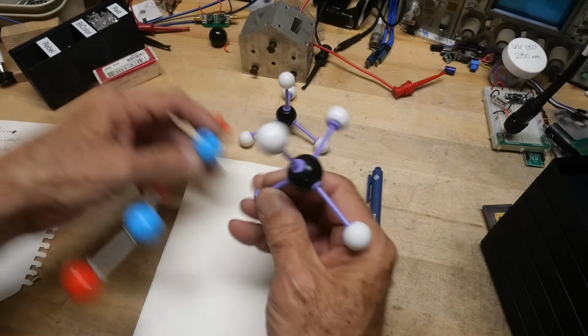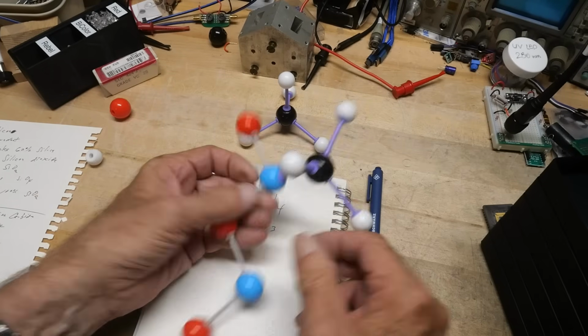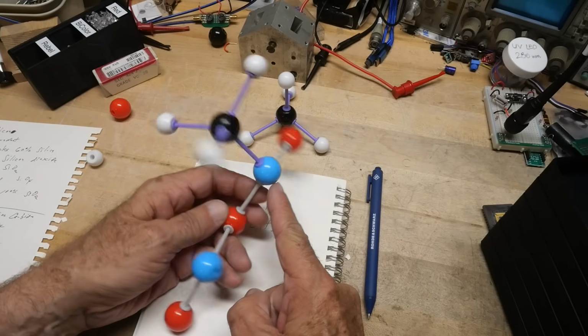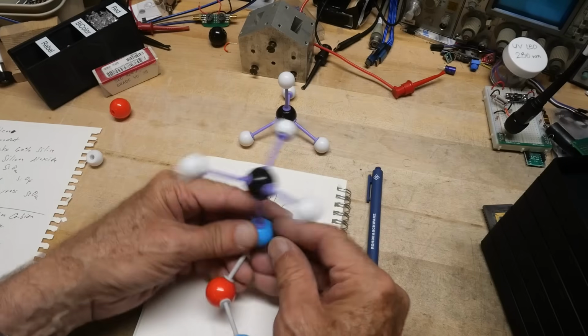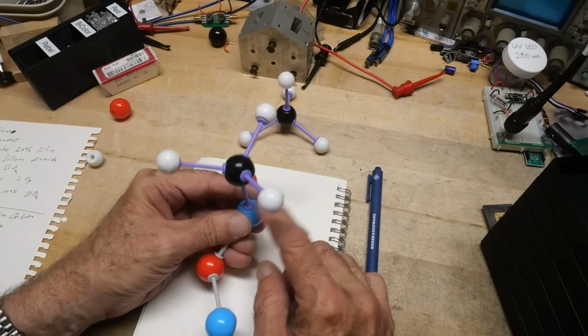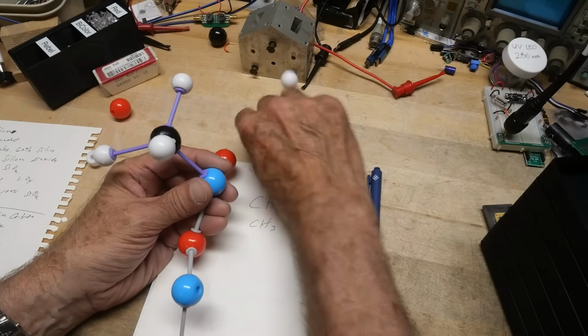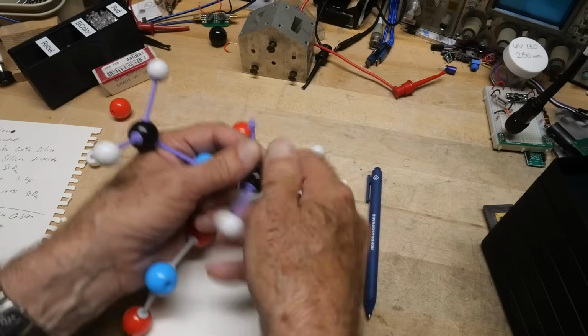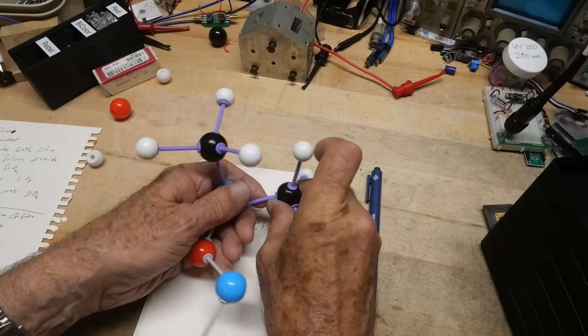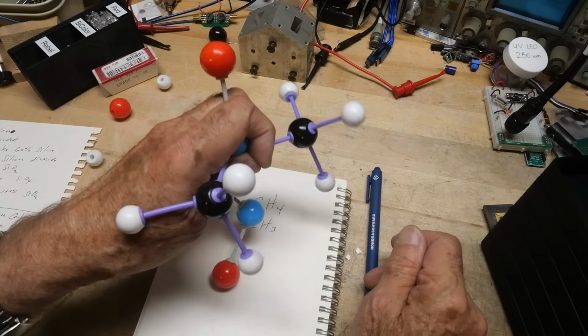CH3 is a methyl group. It's kind of missing a thing. It likes to be somewhere, so it's going to attach itself to the silicon over here. So we have a methyl group, okay? And if we grab another methyl group and stick it on, we have dimethyl. We have 2 methyls.